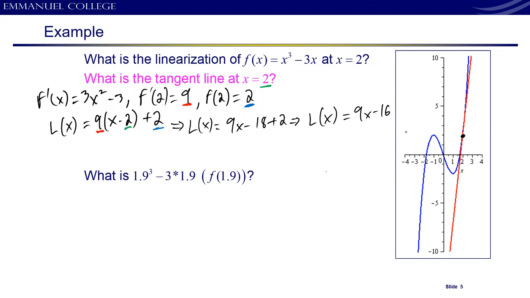No. So, let's use our linearization because, remember what we said? F of the point is going to be approximately the linearization about the point. So, really all I need to do is do 9 times 1.9 and then subtract off 16.